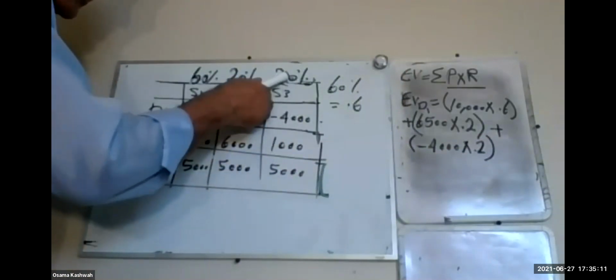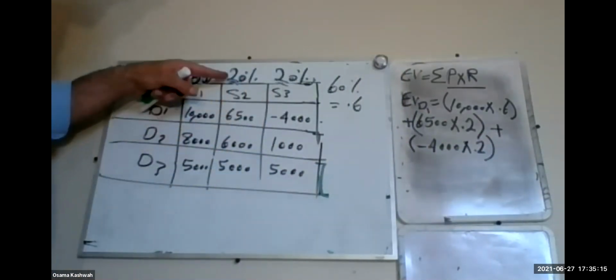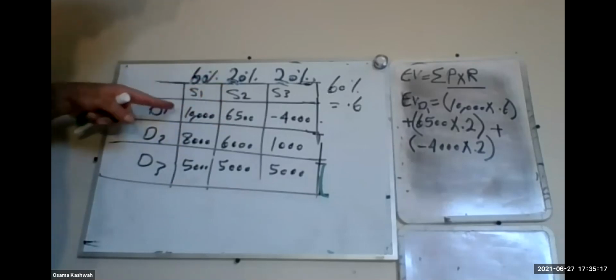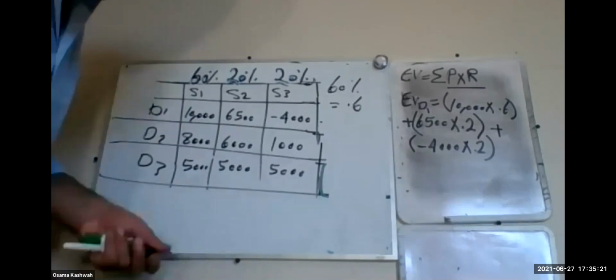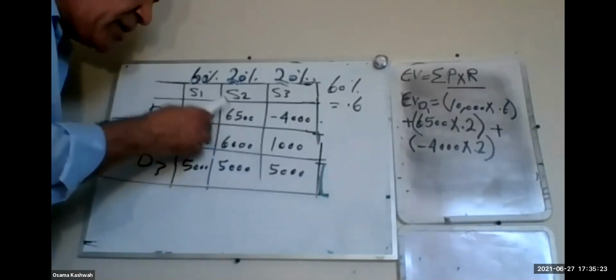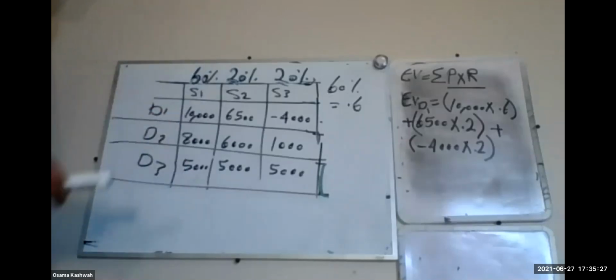Here 6,500 times 0.2, here 10,000 times 0.6. You will multiply the revenue and the probability. That's it. Each revenue and its own probability.